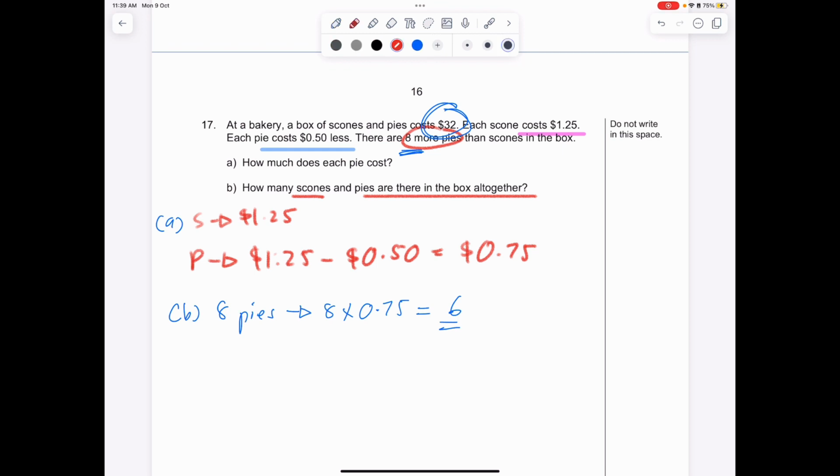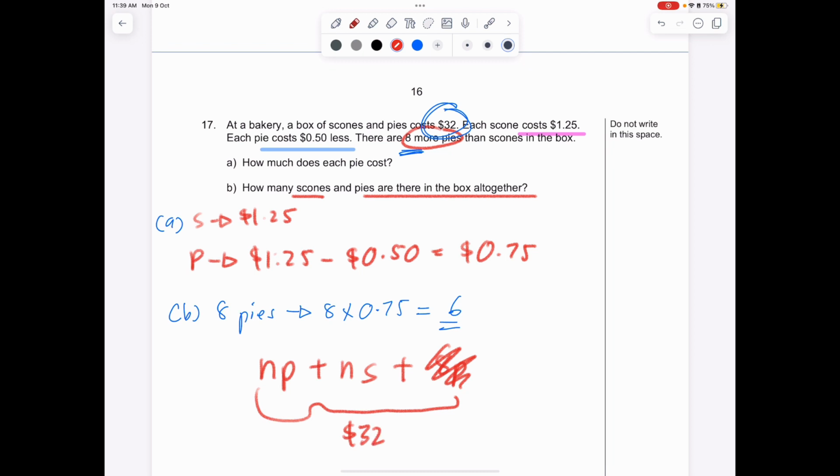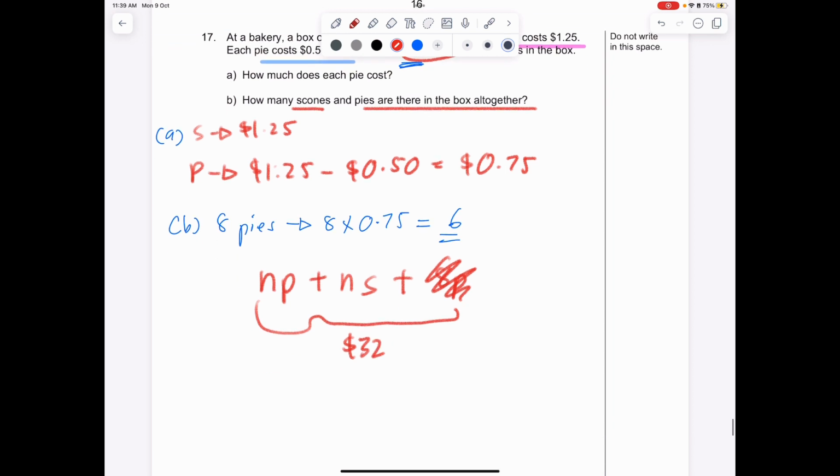So right now, I'm just annotating here, n pies is the same as n scones plus another 8 pies. And the cost of this whole thing is $32. So we want to cancel away this 8 pies. How to cancel away these pies? Minus away the $6, so that now there'll be an equal number of pies and scones.